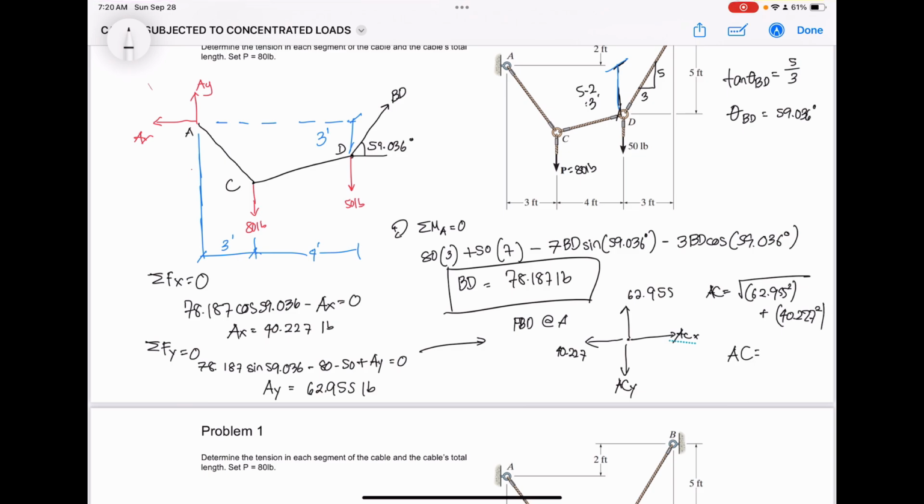AC is equal to 74.709, so 74.710 pounds.